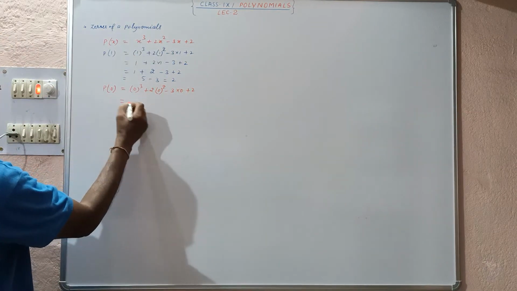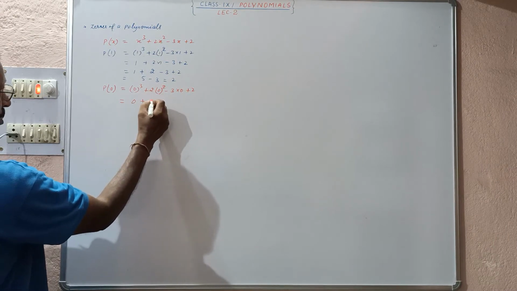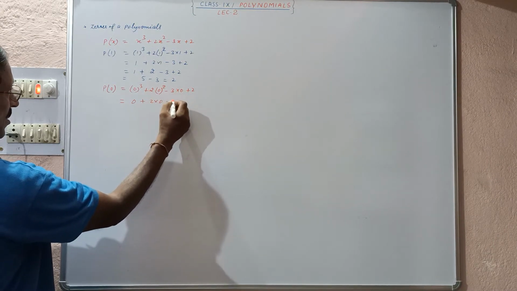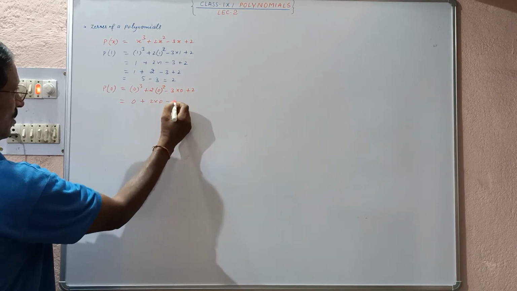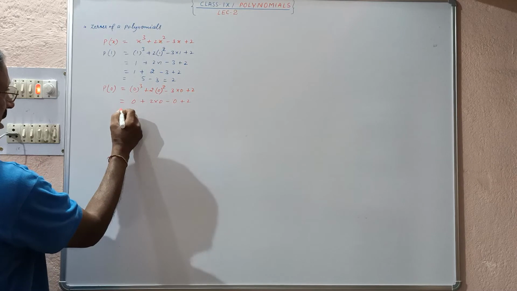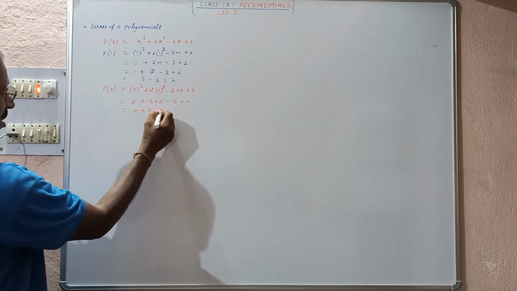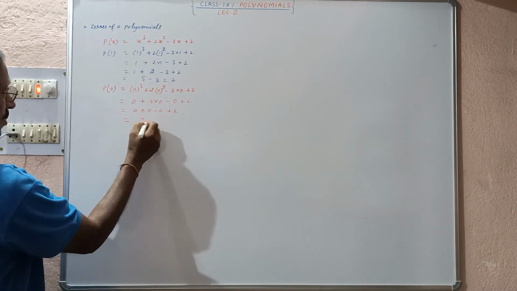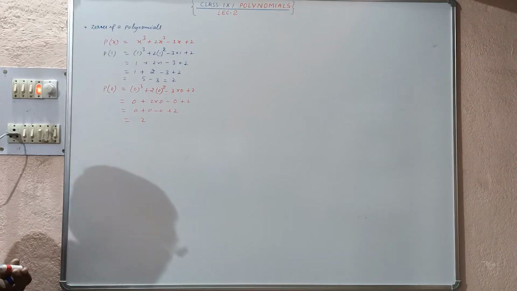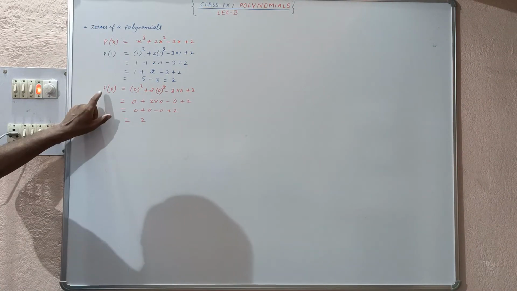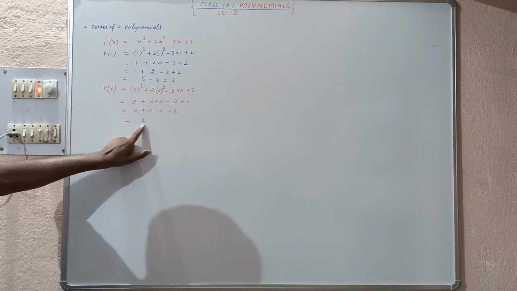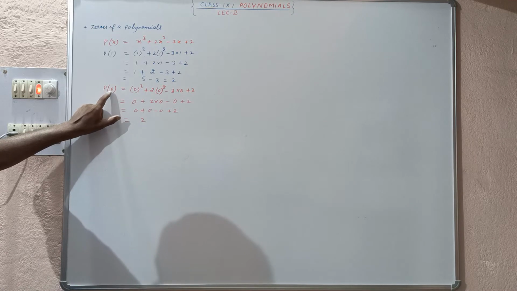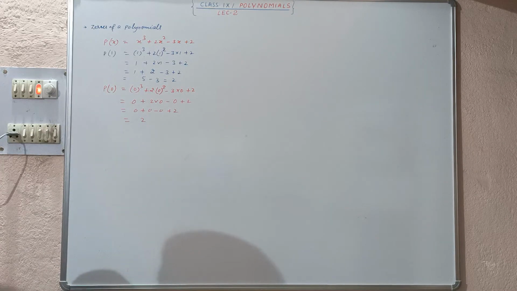Its value will be 0 plus 2 into 0 minus 3 into 0, that is 0, plus 2. That means the value will be 0 plus 0 minus 0 plus 2, that is equal to 2. So now we say here the value of p(x) is 2 at x equal to 0.